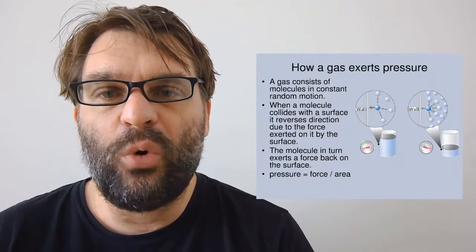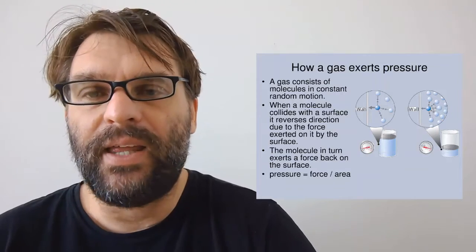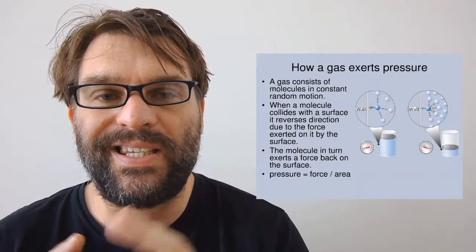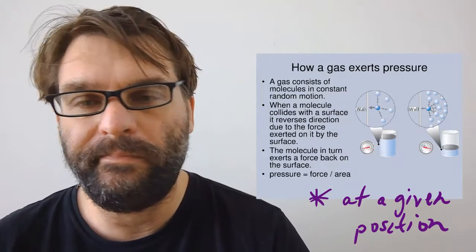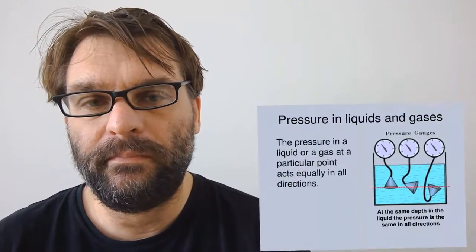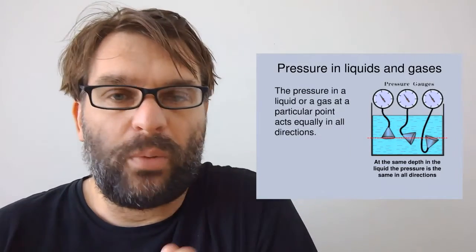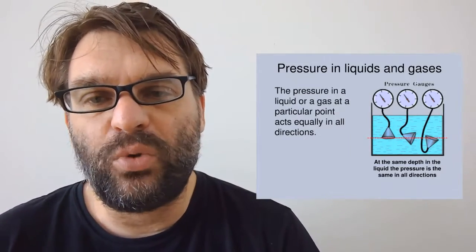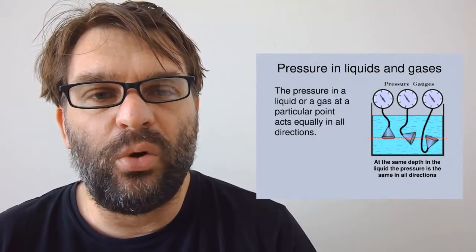For a particular particle, you must be aware that the force or pressure is the same all around that particular particle. It's uniform. So the pressure in a liquid or a gas, which is collectively known as a fluid, at a particular point acts equally in all directions.